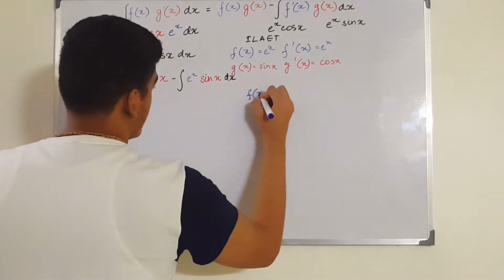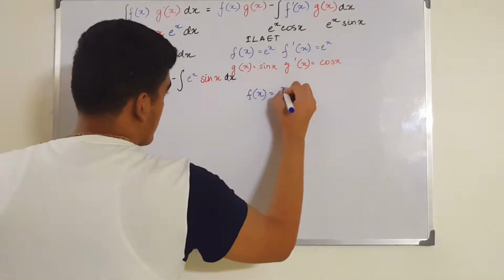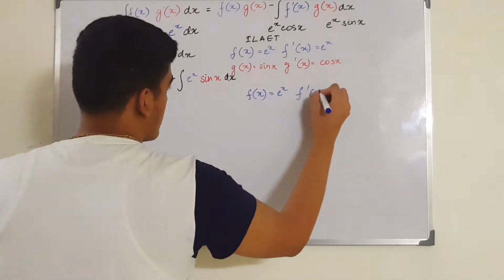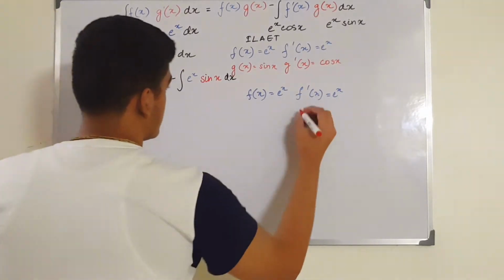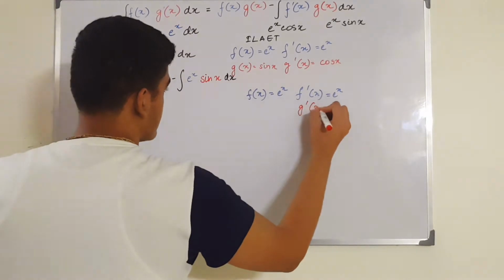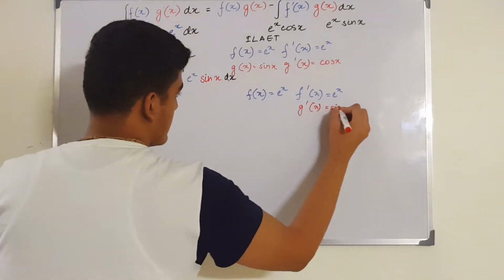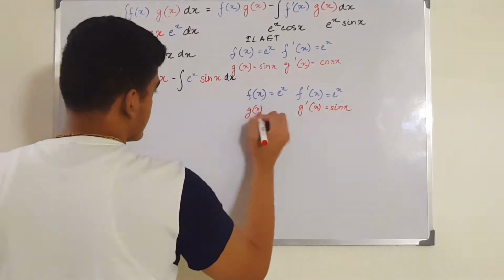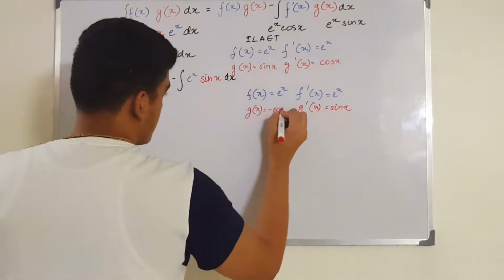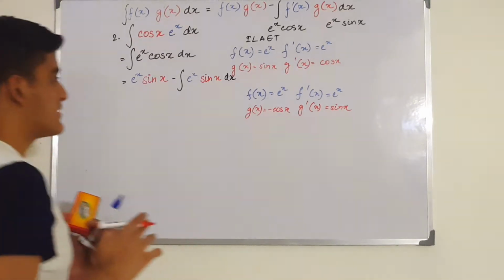So to generalize, f of x is e to the power x, and so is f prime x. g prime x is sin x, and hence g of x is minus cos x.